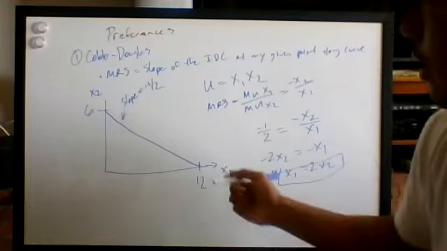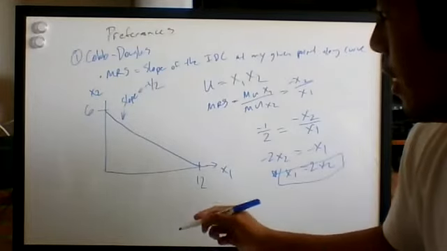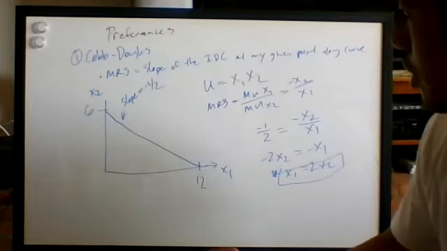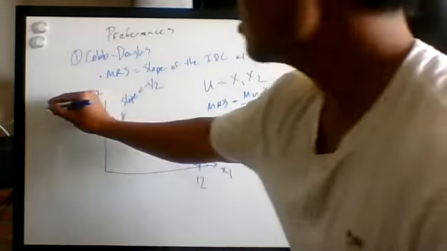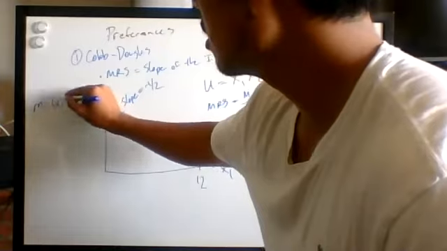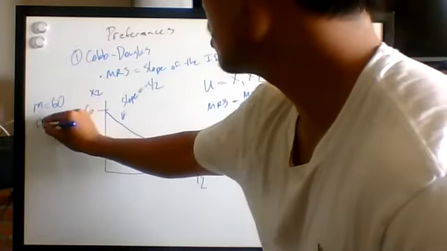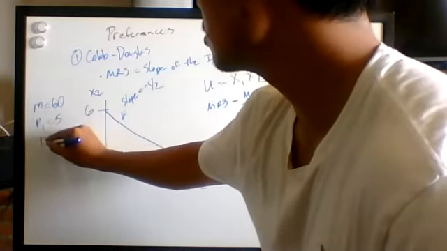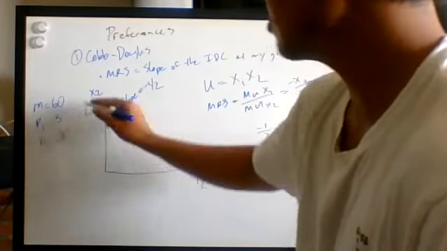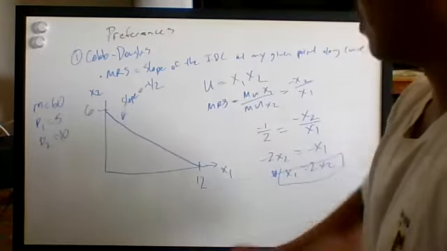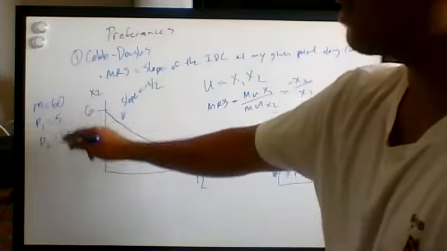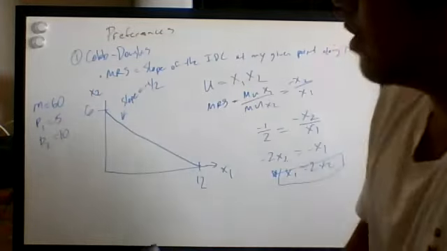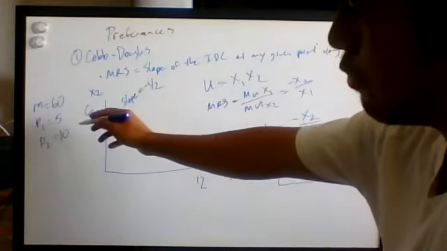So let's say that m was equal to 60, P1 was equal to 5, P2 was equal to 10. I feel like I use these numbers all the time, but they work fine. Now, because I have this information, I can write this down in the format of a budget constraint.